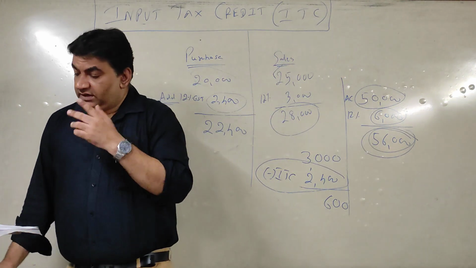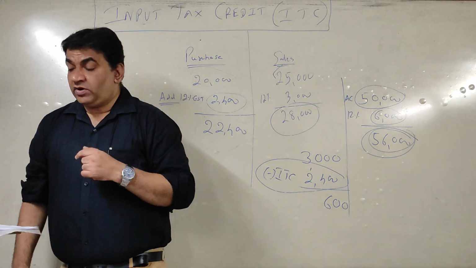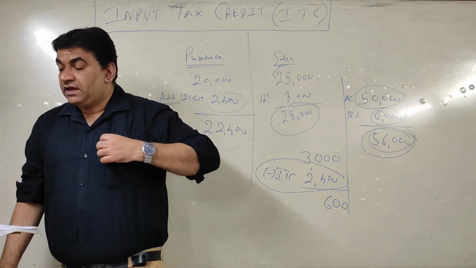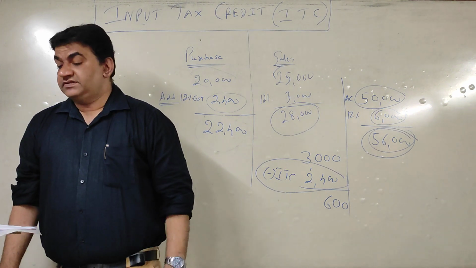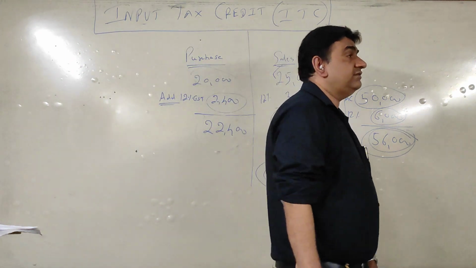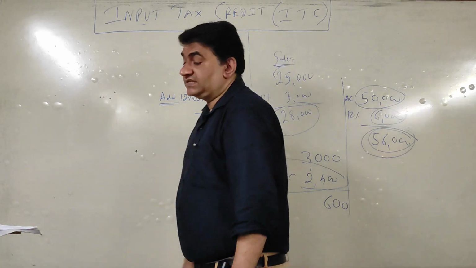Now here there are a few points. Fifth one: input tax credit cannot be claimed in the following situations. A. Motor vehicles and other conveyances. Now you cannot claim ITC on motor cars and other vehicles, but there are certain conditions. See those exceptions.